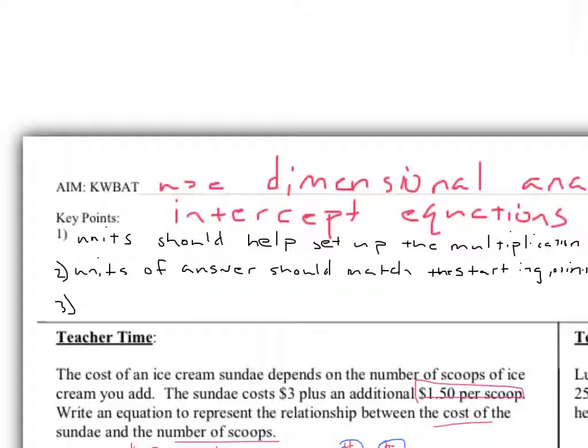And 3, a decreasing slope or a decreasing rate should give you a negative slope. So if your rate is decreasing the amount of your starting point, then you should end up with a negative slope. Questions?